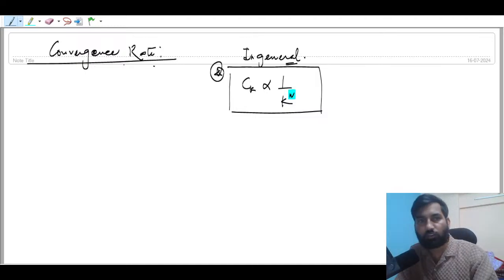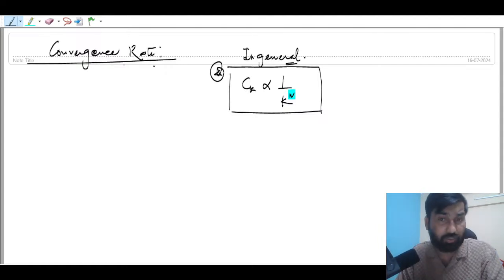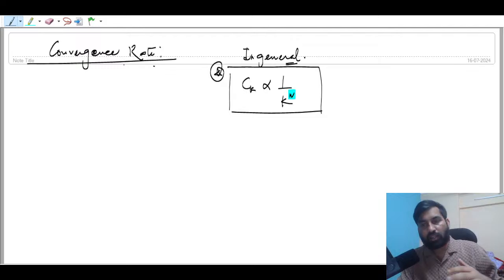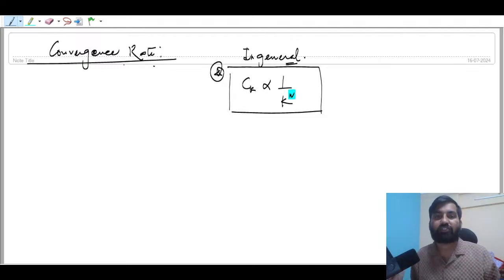The Fourier series coefficient Ck of the periodic signal, which is the exponential Fourier series coefficient, usually decays with the harmonic index k as 1 by k to the power n. Suppose n is large. What does a larger n imply? A larger n implies faster convergence.